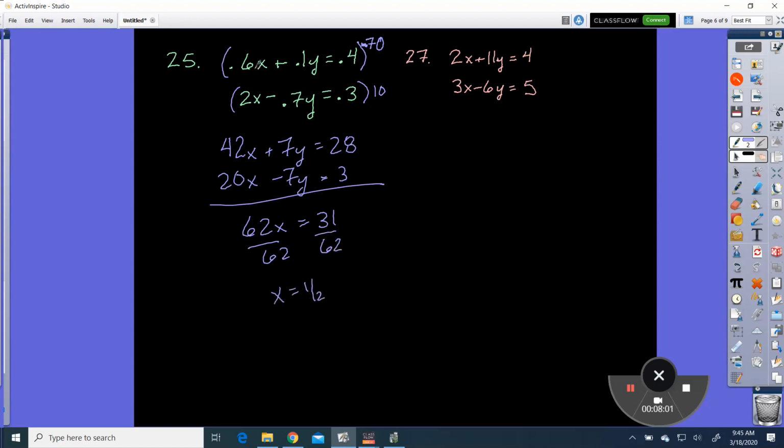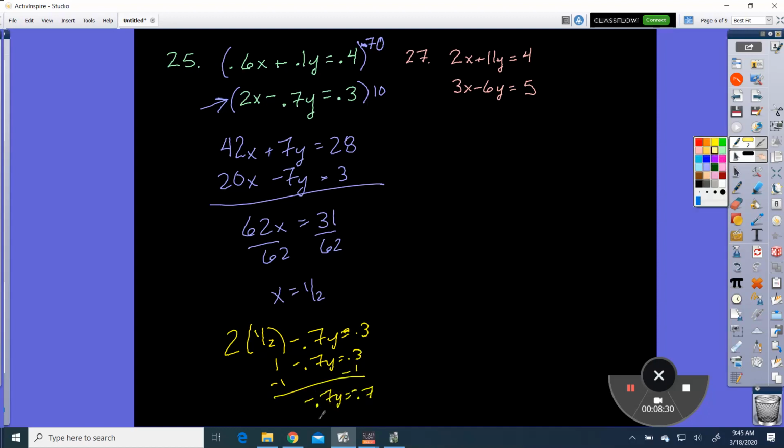So now I've got to choose which one I'm going to plug that into. I'm going to plug it into this one just because that's a whole number. That's easier to keep track of my decimals and things with that whole number. So 2 times 1 half minus 0.7y equals 0.3. Well, half of 2 is 1. Minus 0.7y equals 0.3. So I minus the 1, minus the 1. Negative 0.7y equals 1 minus 0.3, is negative 0.7.